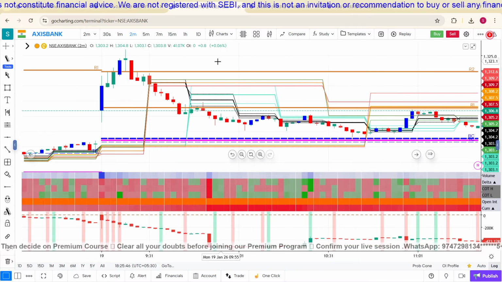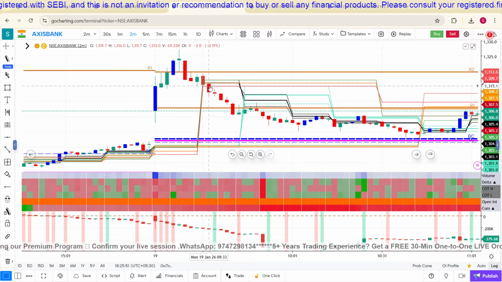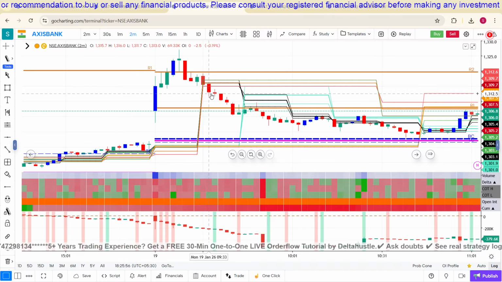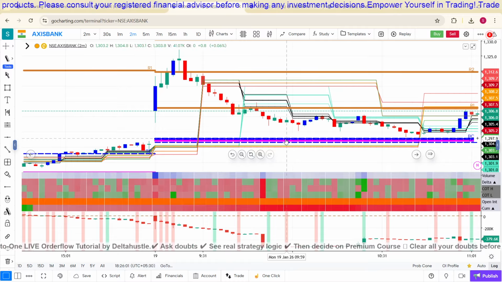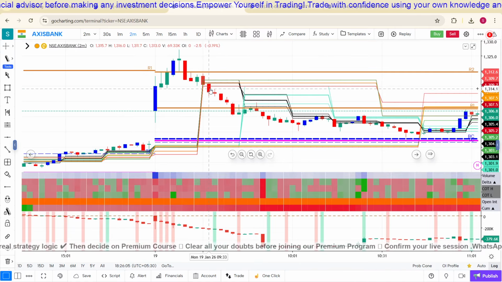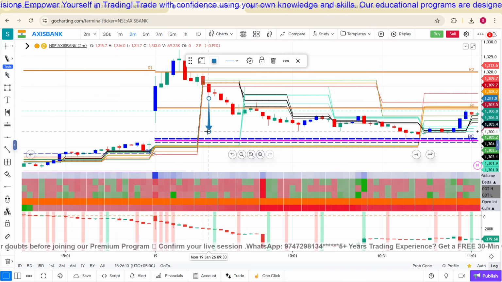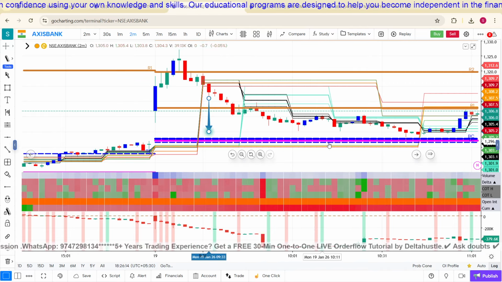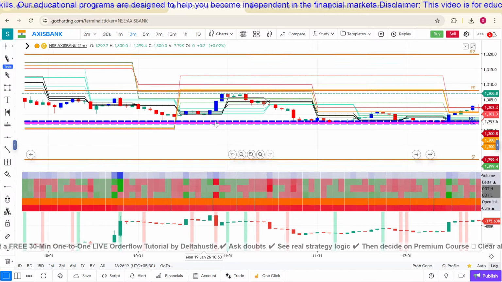Now we know that the 15 minutes CPR support is broken, the range is broken, and our target will be the 30 minutes CPR level or the pivot. The pivot range it will come to. 15 minutes CPR broken here in this candle. Correct. Then it has exactly come to this CPR range.